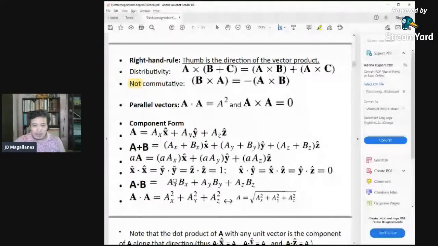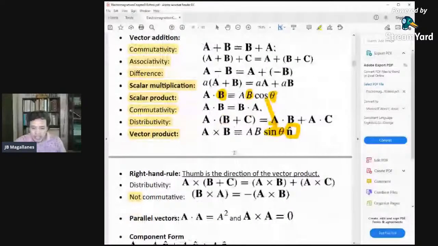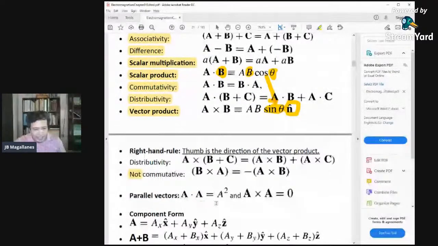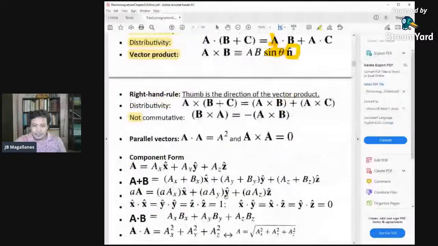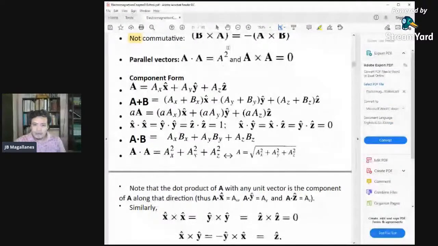If you get the magnitude of a, a dot a is a square. So this is a dot a. This is also equal to a square. This is just equal to ax squared taken from here.